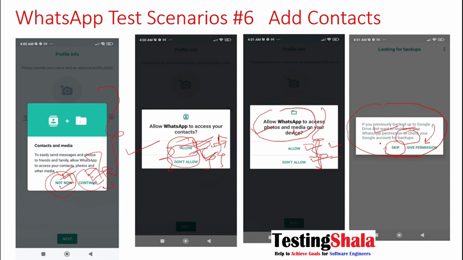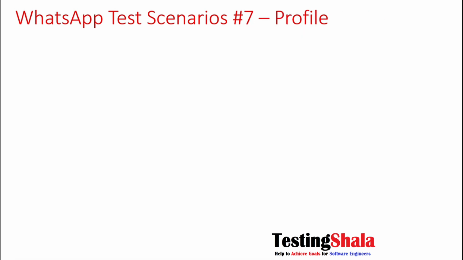Otherwise, if I say skip, then it won't import any data from Google Drive. That is the type of test cases we should come up with in the add contacts section.